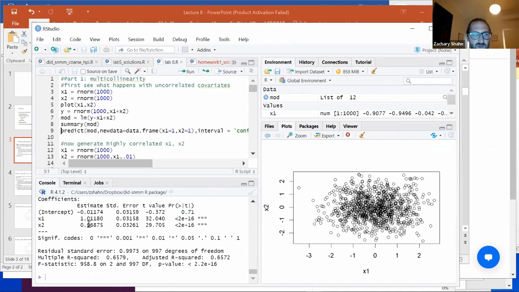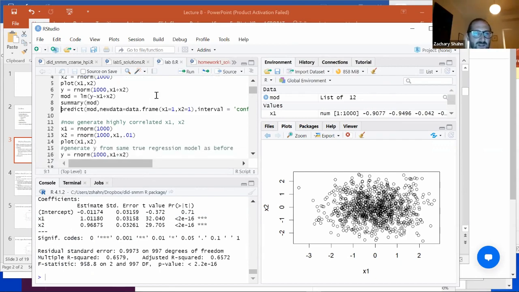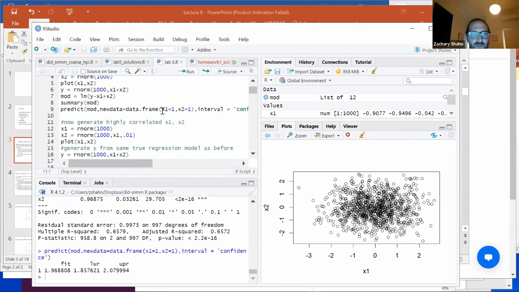They're both close to 1 and very low standard errors. Everything works as expected when x1 and x2 are not associated with each other. And if you predict for the value x1 equals 1 and x2 equals 1, what the value for y will be, it says it's going to be close to 2, which is correct, and it's pretty certain that it'll be close to 2, right? So good predictions.